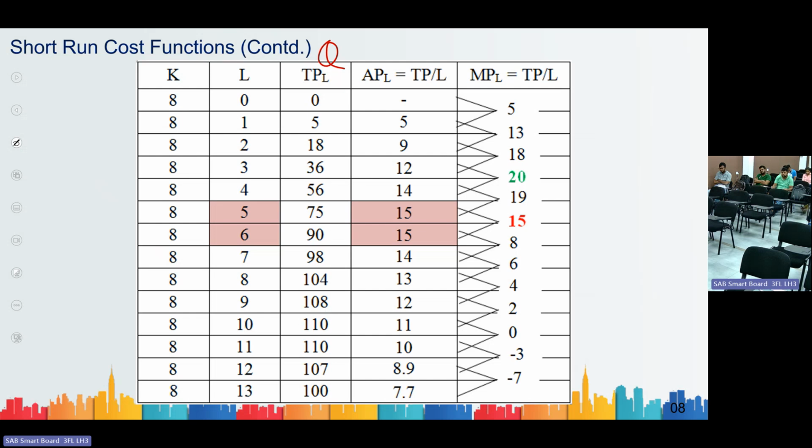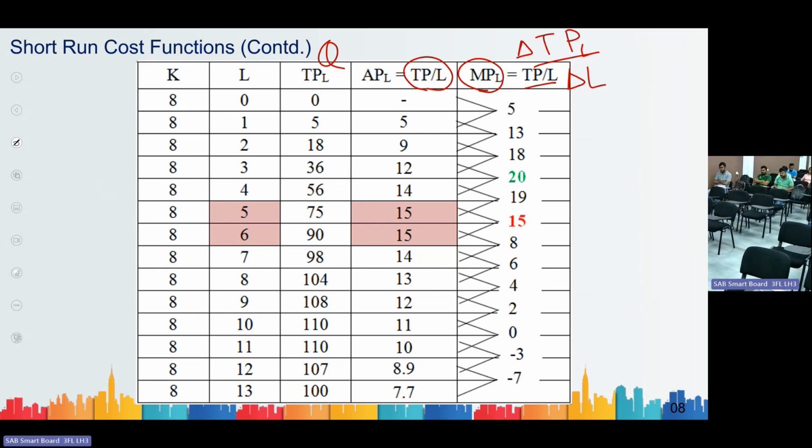Average product is total product divided by labor. And next we have marginal product. Marginal product is delta TPL divided by delta L.